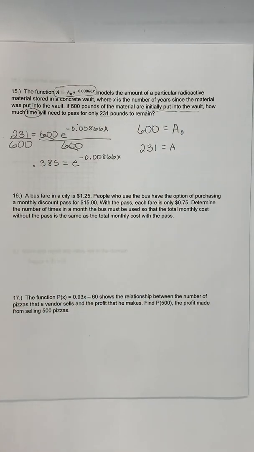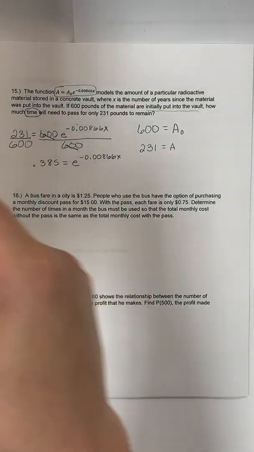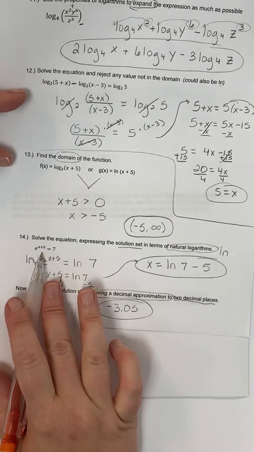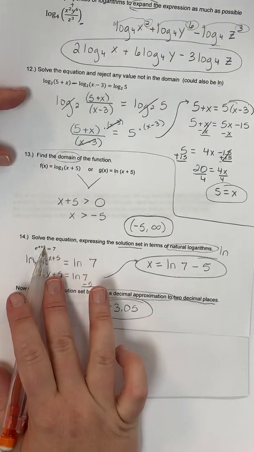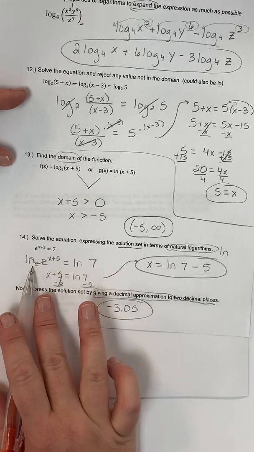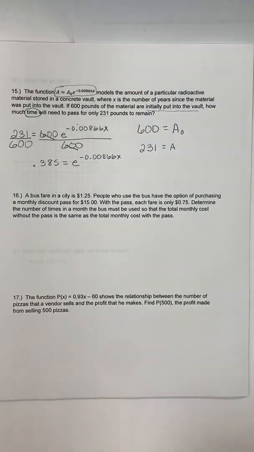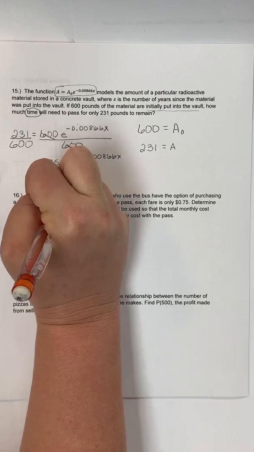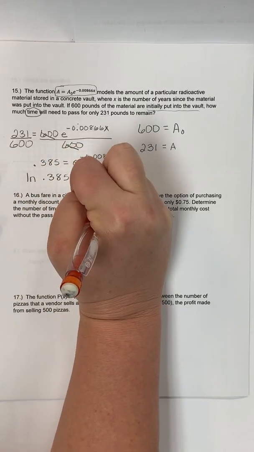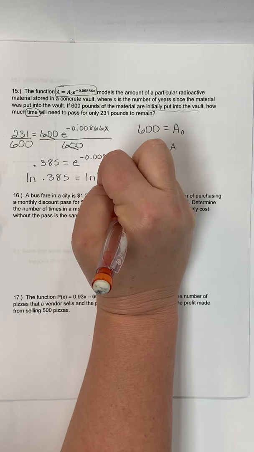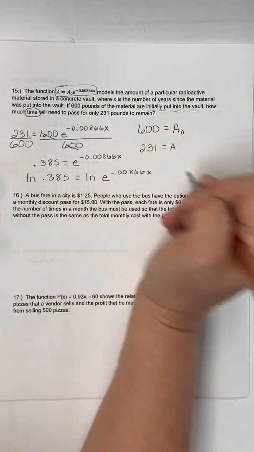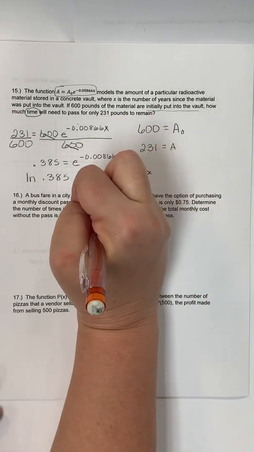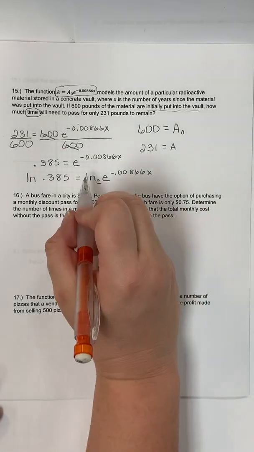Okay, just like what we were dealing with over here, the only way to get that x out of the exponent is to take the natural log of both sides. So I'm going to take the natural log of 0.385 and the natural log of the e stuff. Okay, so remember, it's super secret base of e there.